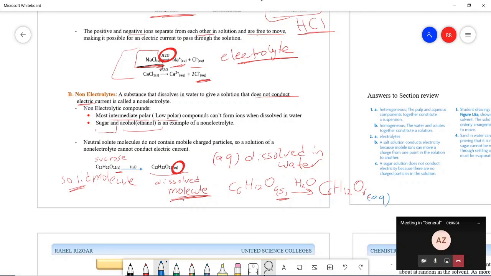That's the only difference. So when you dissolve sugar in water, the sugar molecules are dissolved in the water, they disappear, the water molecules surround the sugar, and you cannot see the solid anymore, but they don't become ions.